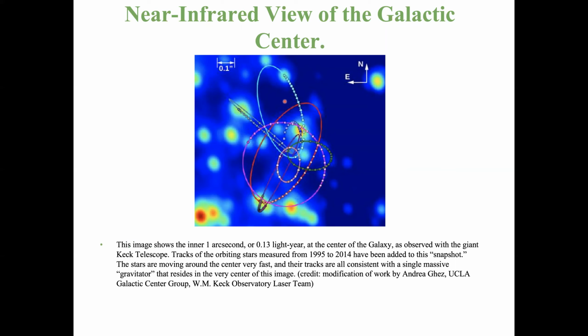The Keck telescope is located in Hawaii in the USA. And then you have superimposed the tracks of the stars around the central region. What you can observe here is when a star gets closer to the central region, it starts to move very fast compared to when it is far away from the central region, right?